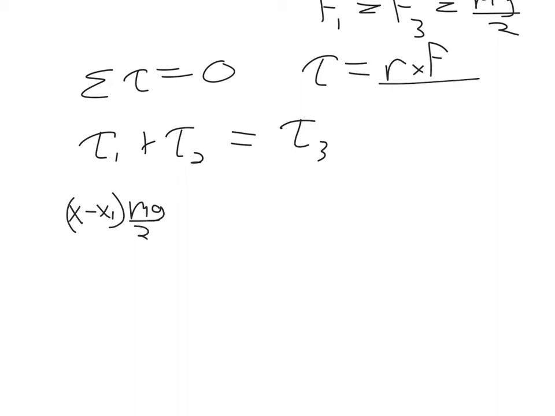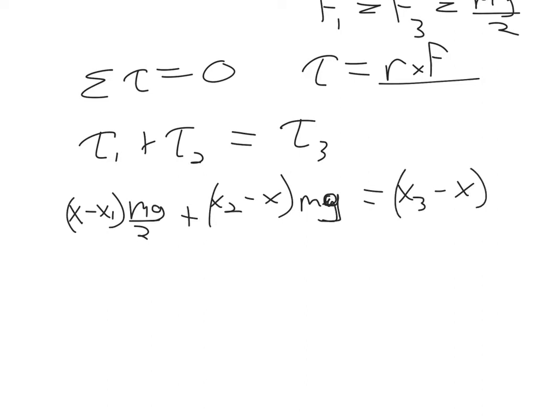Plus torque 2 was x2 minus x, that's the radius, times the force, which was just mg. Torque 2 was from gravity itself, so that's not mg over 2. Equal to torque 3, which was position 3 minus position x, and this was also an mg over 2.